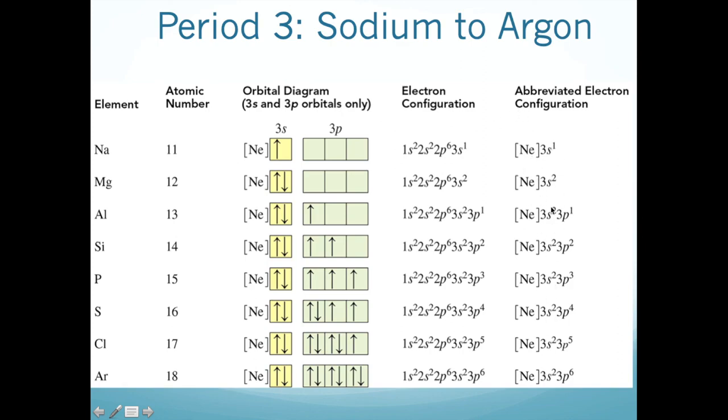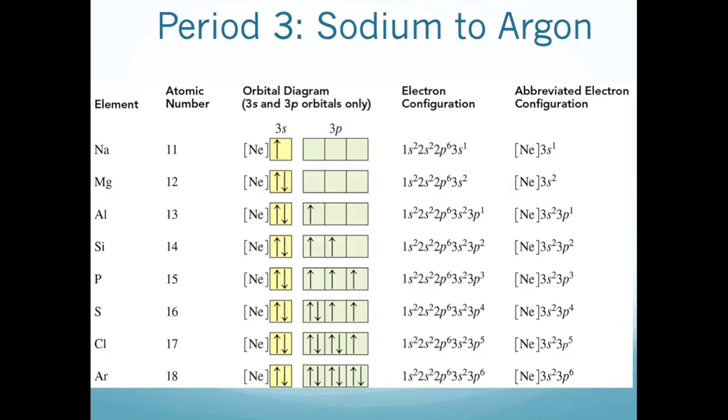The reason for this is that oftentimes you're only concerned with those outermost electrons, that highest energy level, because those are the electrons that your atom's going to use to do its chemical bonding. In the case of our sodium atom, it's this 3s1 electron that we mostly care about.